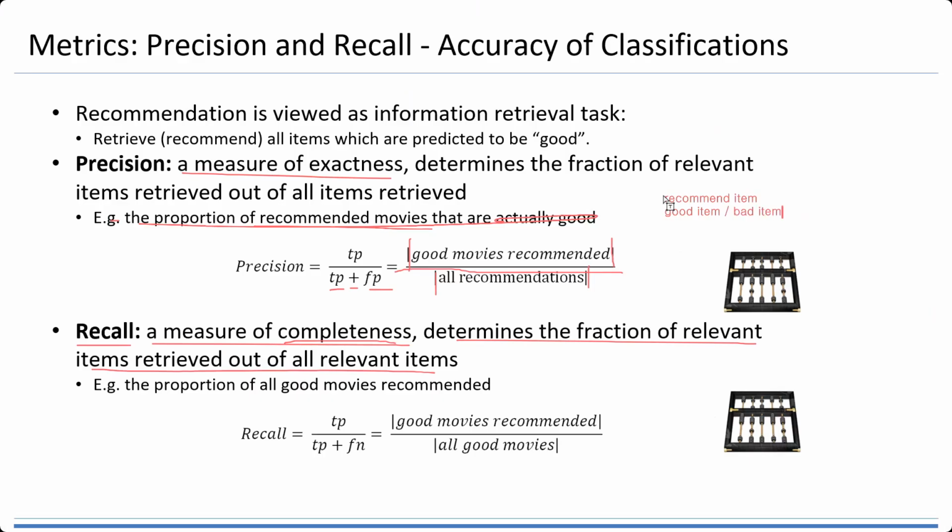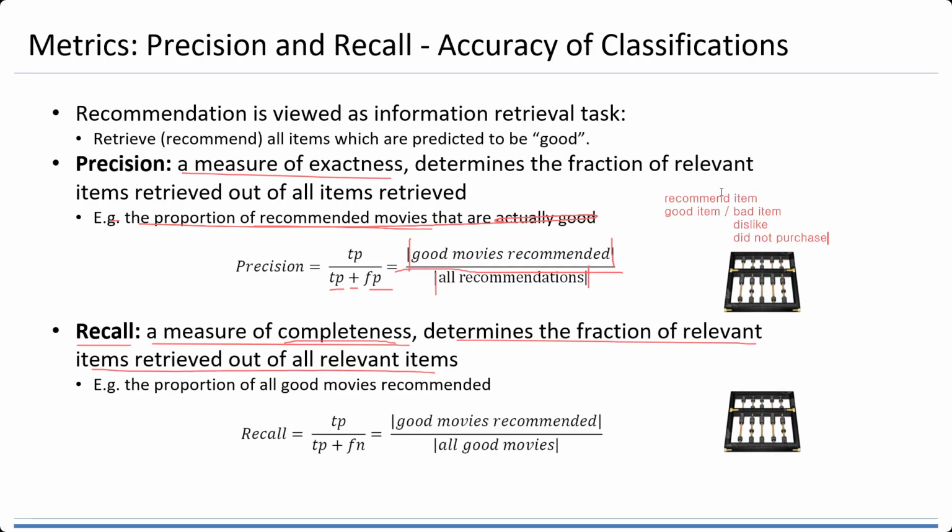A good item is one you buy, or purchase, or watch. We call it good. But if it is bad, then you may see the user dislike. If the user dislikes it, that item is bad, or the user did not purchase it, so it is also considered a bad item, the reverse of a good item.